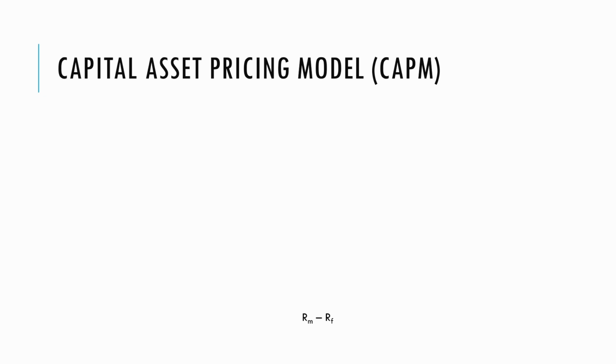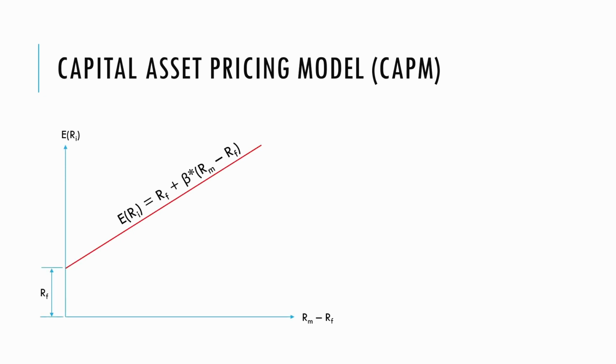Okay, so now what is the capital asset pricing model? It is very simple, plain mathematics of 10 plus 2 standard. On the x-axis we will plot the risk premium, and on the y-axis we will plot the expected return.